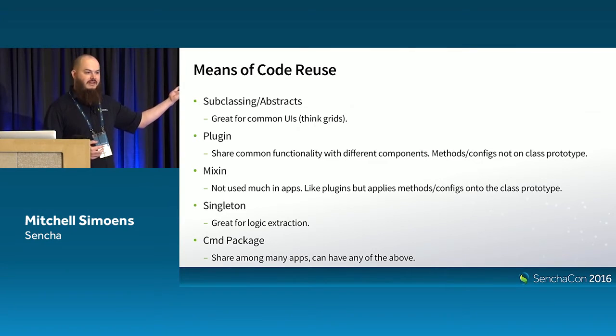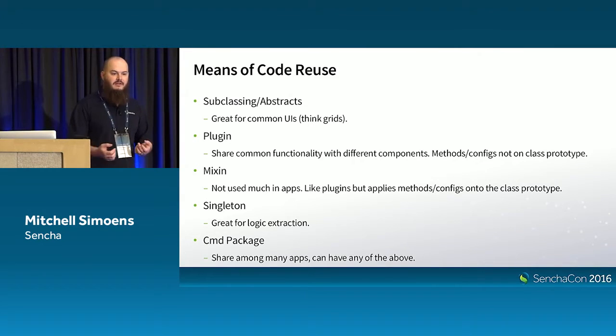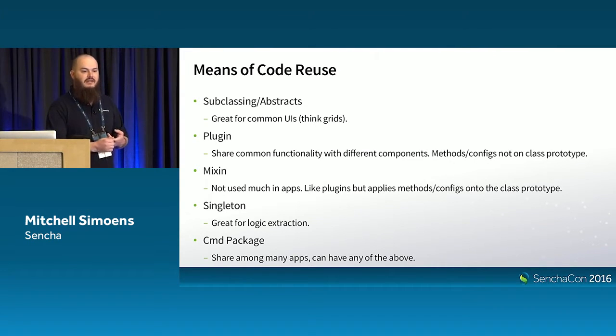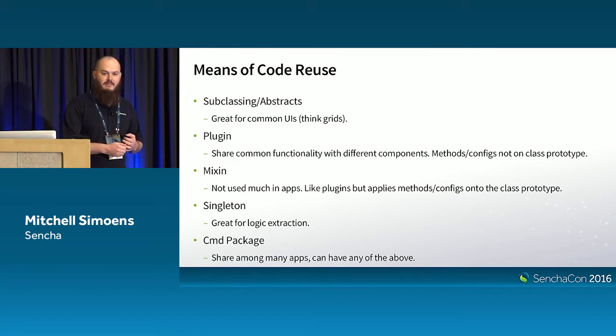So you can have an abstract that you can plug into your package, where that package can now be used in different applications. Like the new portal and the new Fiddle, they look the same. It's not just a theme package there. There's actually abstract classes, plugins and mixins within that package.